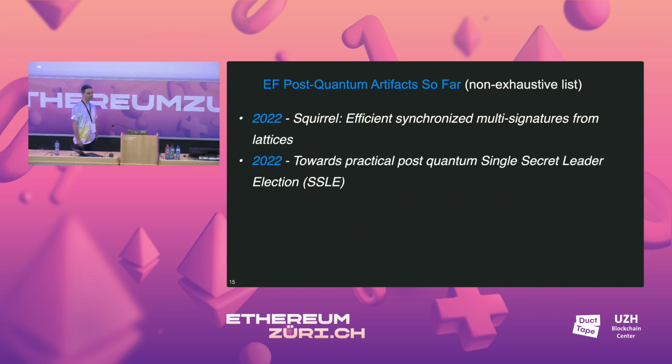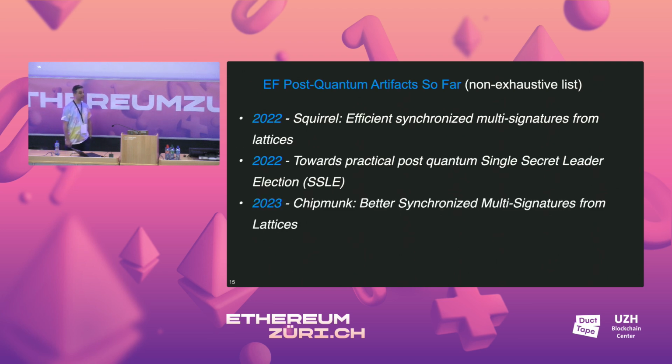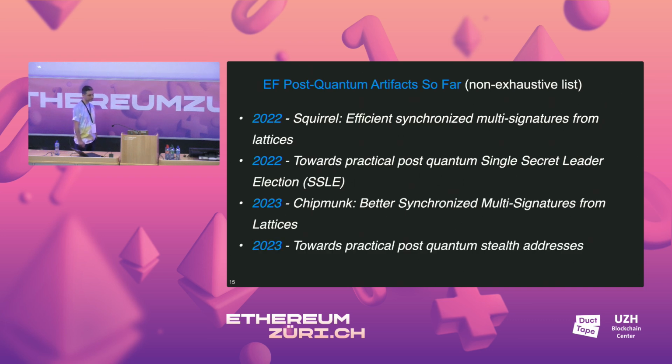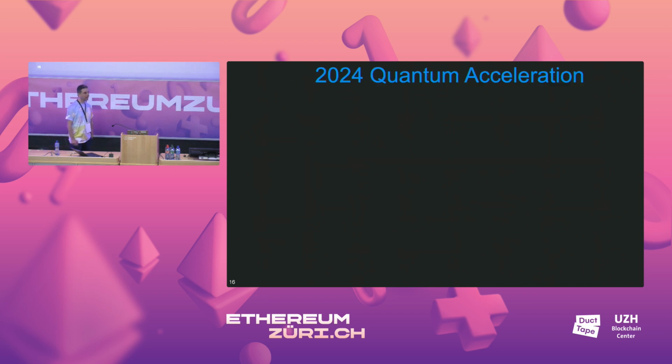This is one of my proposals to use isogenies for single secret leader election. This again is the improvement of the first paper on lattice for multi-signatures. This again is me doing some isogenies for something called stealth addresses. So we were actually thinking about post-quantum for a while.